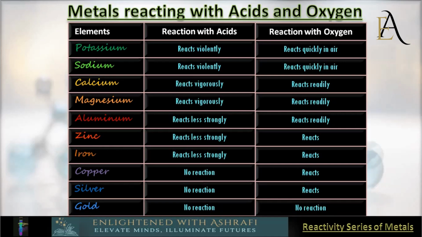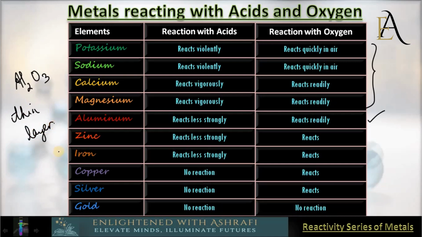Metals reacting with oxygen: potassium, sodium, calcium, magnesium react readily with oxygen to form metal oxides. When aluminium reacts with oxygen, it forms aluminium oxide. This is a thin layer.